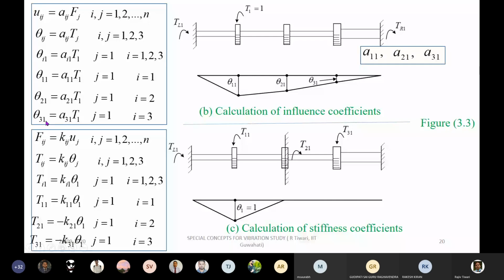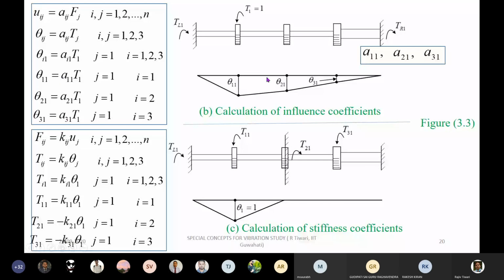So when I expand i equal to 1, 2, and 3 one by one, I get the theta 11, theta 21, theta 31 relationship with torque T1, and they are related through the influence coefficients A11, A21, A31.